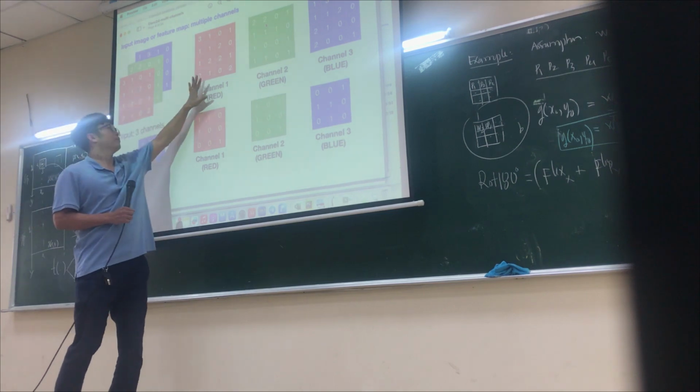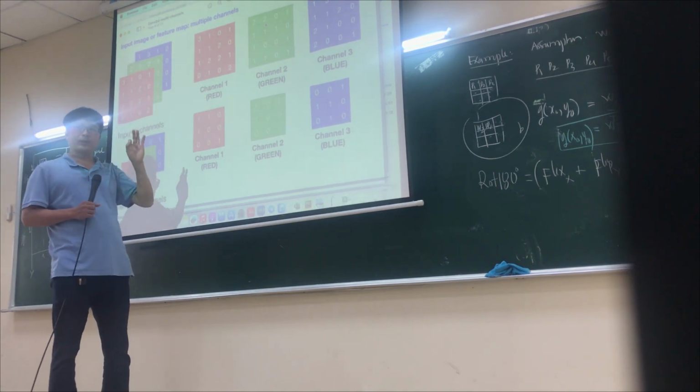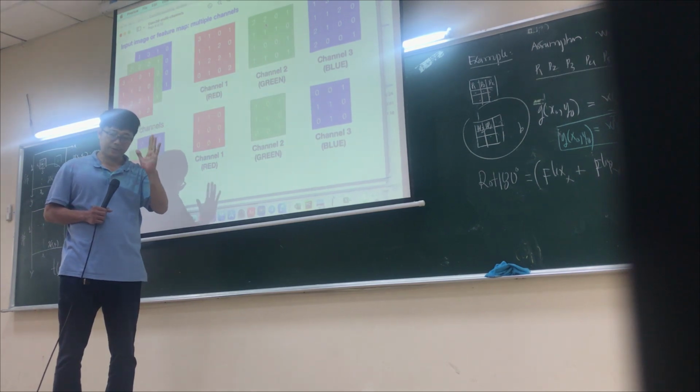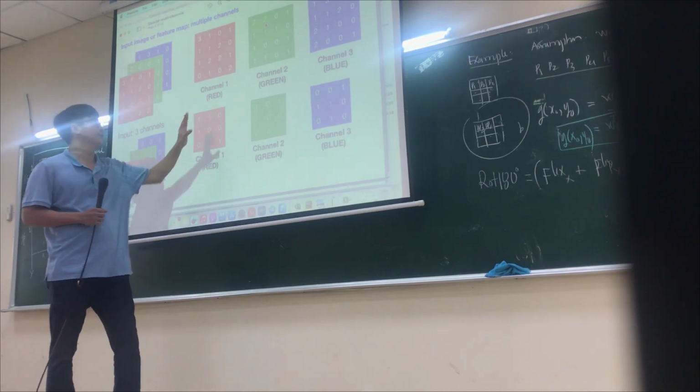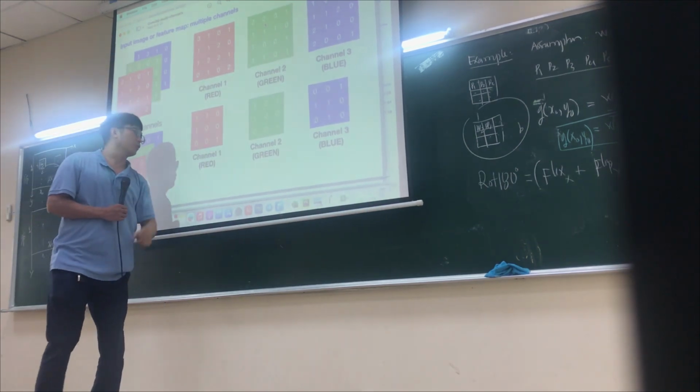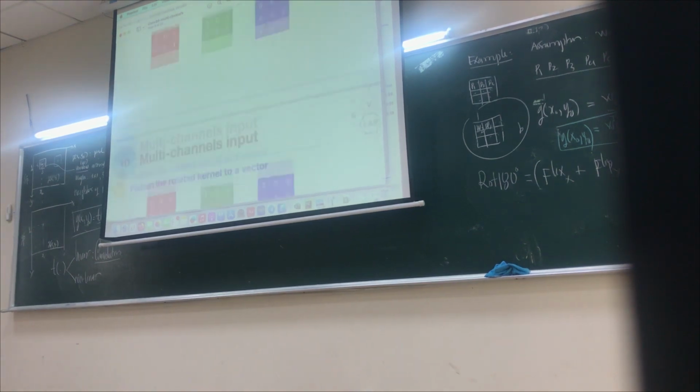So you have an image. I said image, but in deep learning it might be an intermediate feature map, right? It might be the original input or an intermediate one. And then how do we look at the kernel?